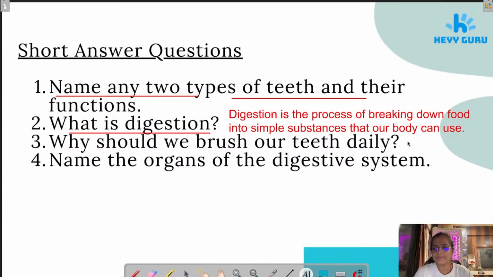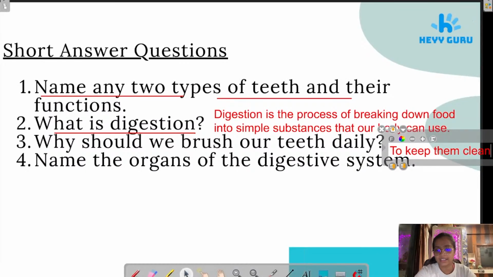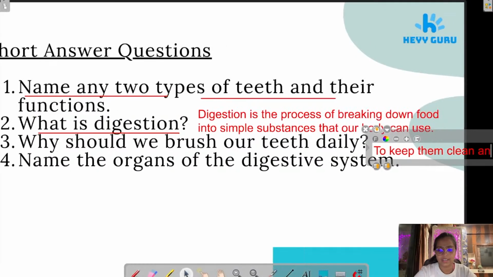To keep them clean and healthy? Yes. We want our teeth to be healthy, right? So that we can eat properly. So, why should we brush our teeth daily? To keep them clean and healthy.